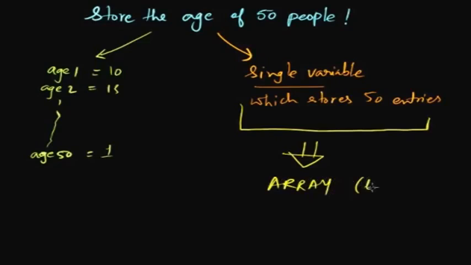Array, sometimes also called a list, which actually is a list of entries, a list of elements, similar type of elements. So to summarize it up, an array is a variable that stores multiple values.